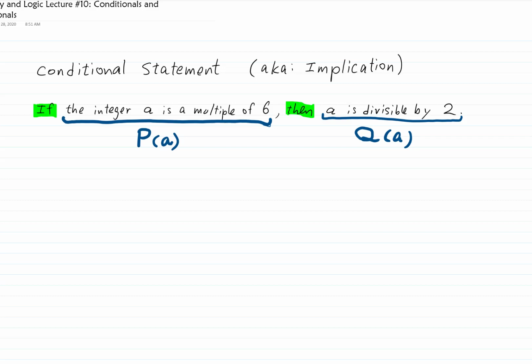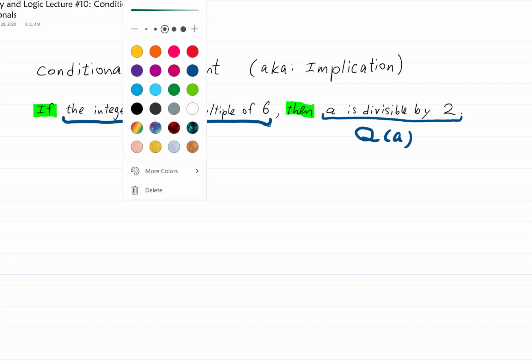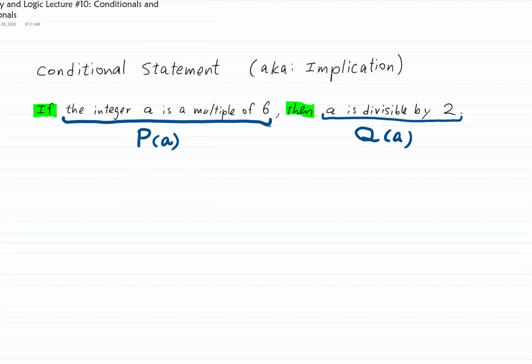Now, if I put those two open sentences together into the sentence, if the integer A is a multiple of 6, then A is divisible by 2.